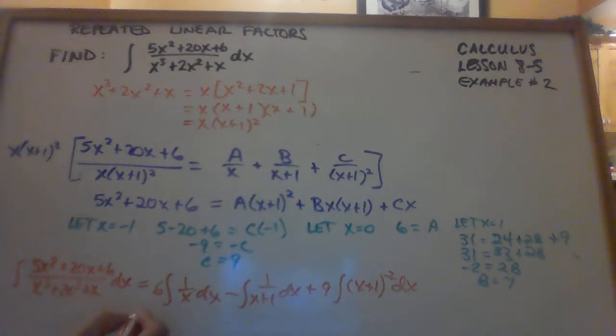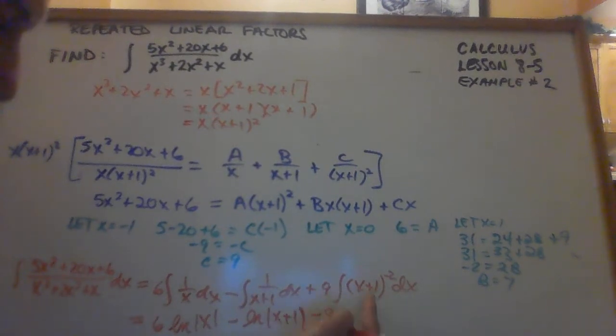Okay, and now this is pretty easy to integrate, so it's 6 times the natural log of the absolute value of x, minus the natural log of the absolute value of x plus 1, minus, or plus 9, well, actually it's minus.